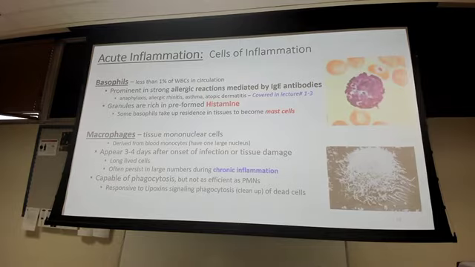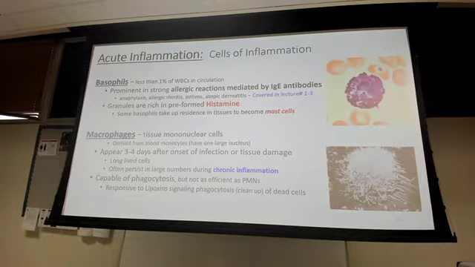That's going to cause vasodilation and cause that inflammation to propagate. It's super important when it comes to allergic reactions. You'll see it if people have asthma, when we talk about pulmonology. And then anaphylaxis, people who have that severe allergic reaction. Again, basophils are very prominent in that because of that release of histamine.